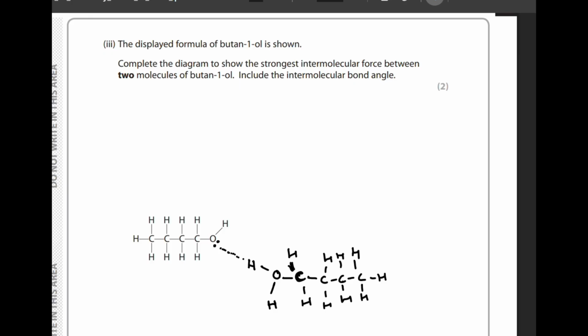Okay, now you can see here that the bond between oxygen and hydrogen is 180 degree. So you need to show the bond as well.